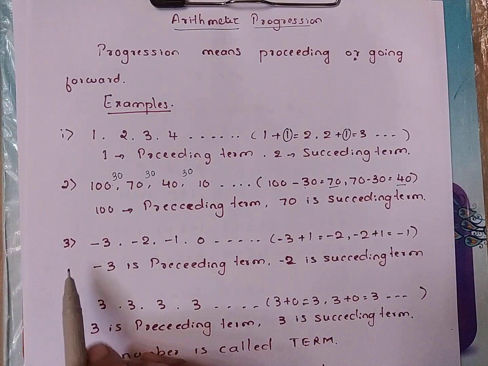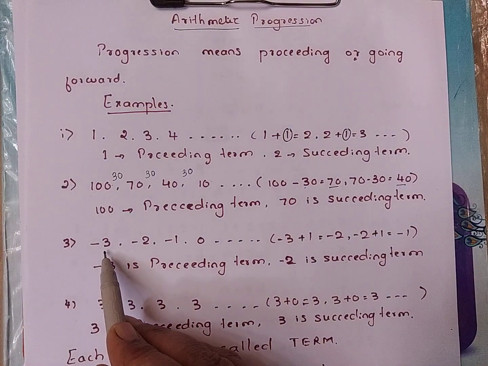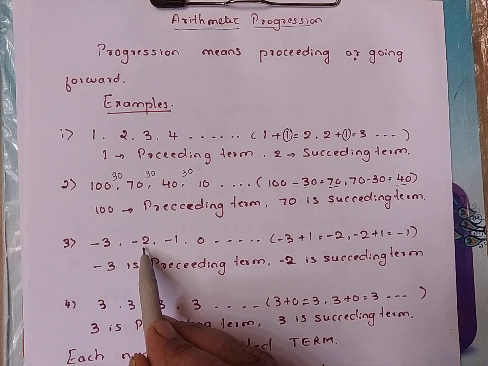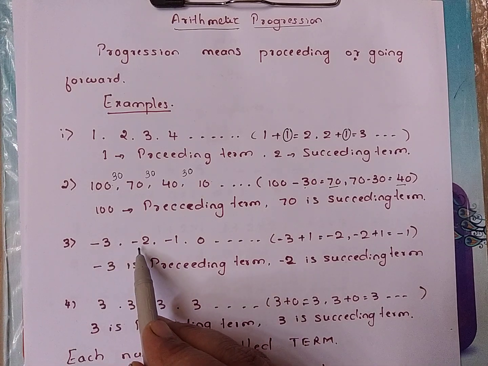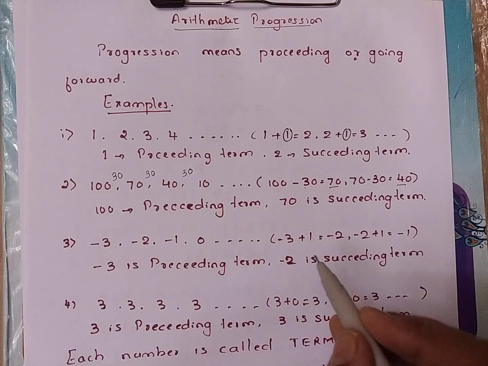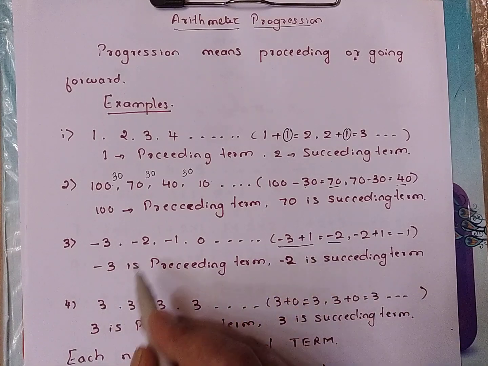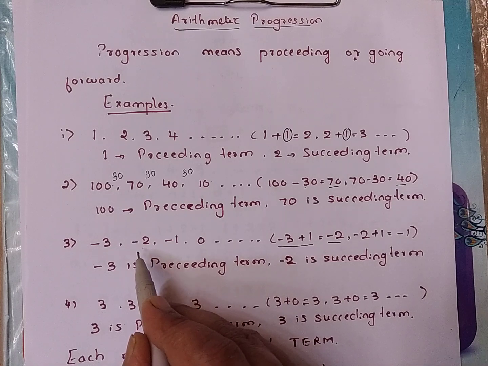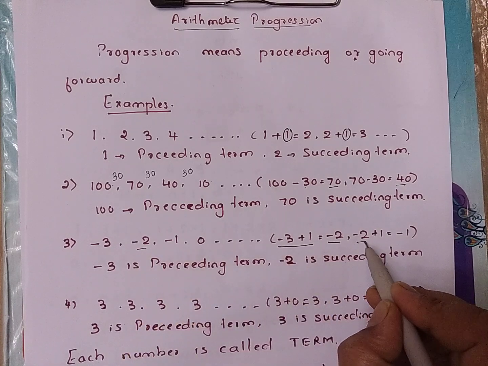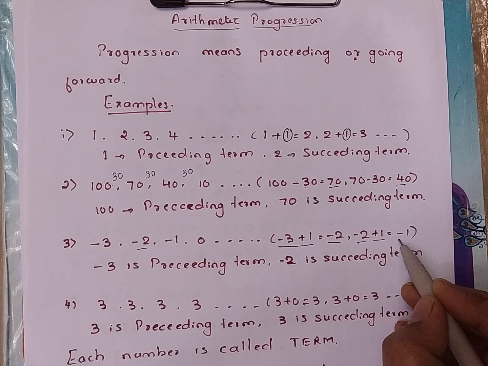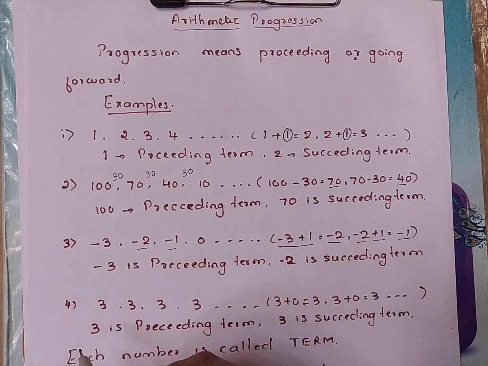In the third example, the first number is -3 and the second number is -2. So how do we get -2 from -3? If we add 1, -3 plus 1, we get -2, the second number. Similarly, from -2, if we add 1, we get -1, the third number.